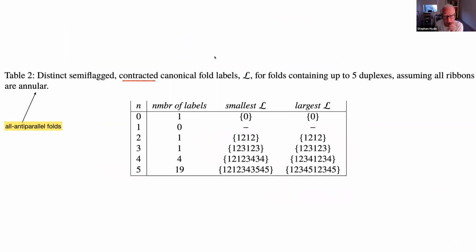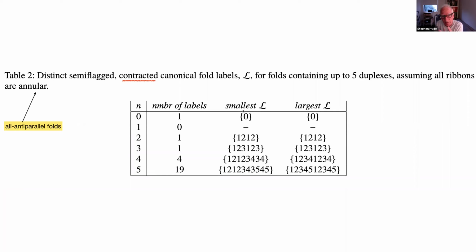So now, I showed you a table earlier where we had all contracted and uncontracted folds. Now, if we allow only annular folds, so we don't have any minuses up the top, so these are all annular ribbons, but we allow arbitrary twists, that's what I call semi-flags. So the subscript is free, so I can have even or odd twists.